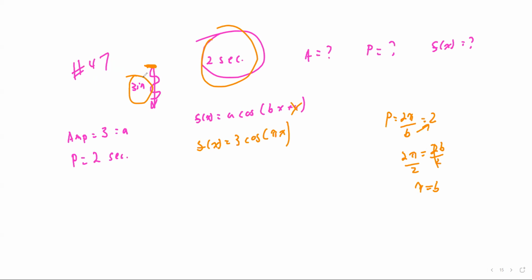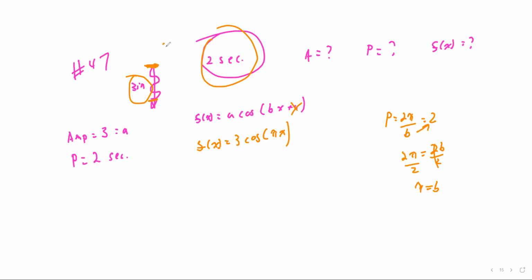When doing these springs, you want to use cosine because when it's stretched to its max, that's where the cosine starts. If we would have started with our equilibrium, then we would use sine. But since we're starting from where it's stretched out as its max, that would be cosine.